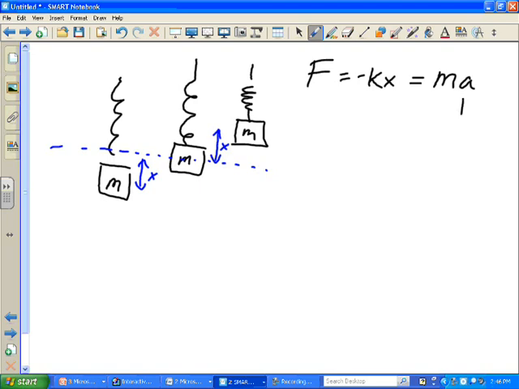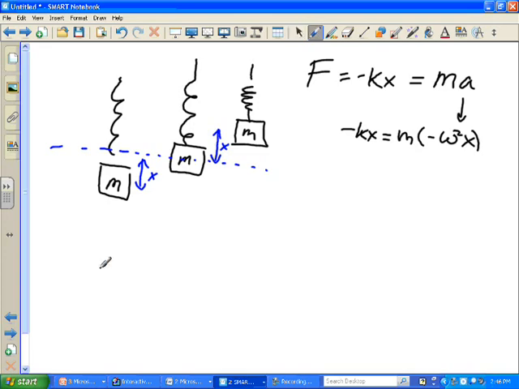And if we take our previously calculated expression for a, which would be negative omega squared x, and plug that in, we get negative kx is equal to m times negative omega squared x.